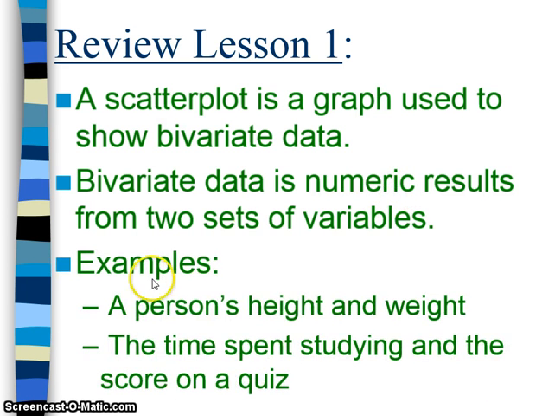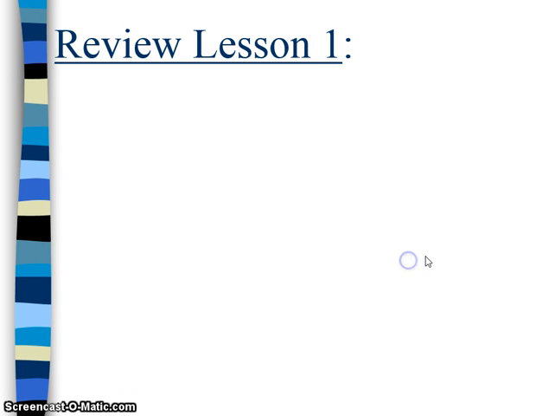So for example, bivariate data could include a person's height and weight because these two variables are measured using numbers. Time spent studying and the score on a quiz is another example of bivariate data. Two variables that are linked together and recorded as numeric results, numbers.